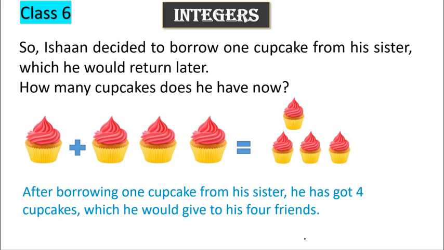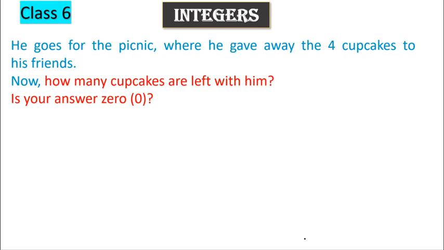Now, he would give the 4 cupcakes to his 4 friends. He goes for the picnic where he gave the 4 cupcakes to his friends. Now, how many cupcakes are left with him?